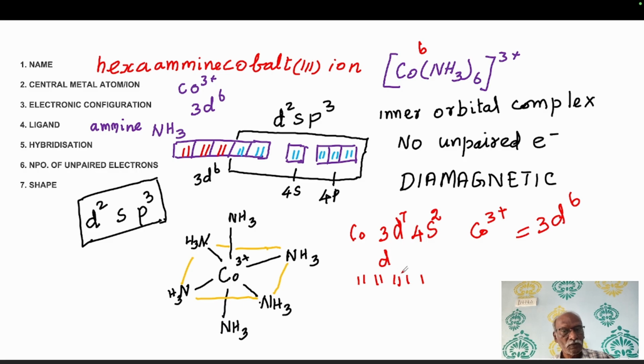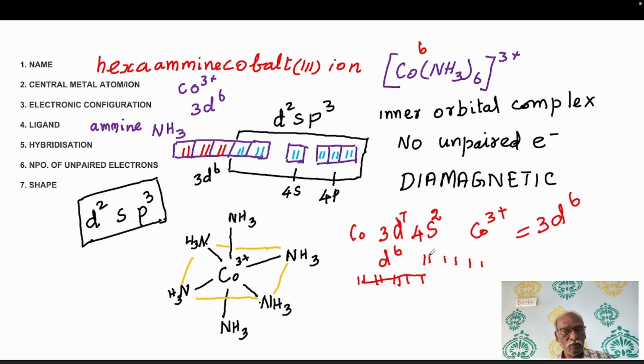I'm so sorry, d8 is not what we are talking about. This is d6. D6 means 2 electrons in the first orbital, then 1, 2, 3, 4, 5. See here.